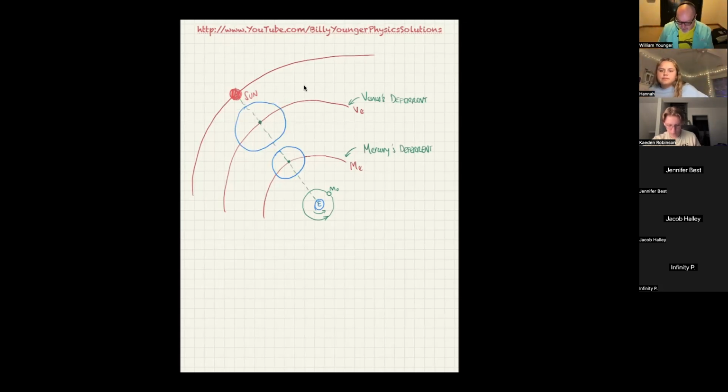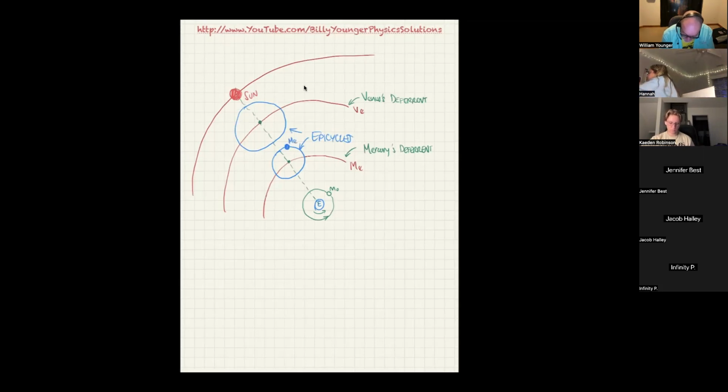Now you can use this idea to explain that Mercury doesn't get far away from the sun because that little circle won't let it. And you can adjust, of course, the radius of that circle and the radius of the deferent. By the way, this one's called the epicycle. Okay. And on it, you would picture Mercury.